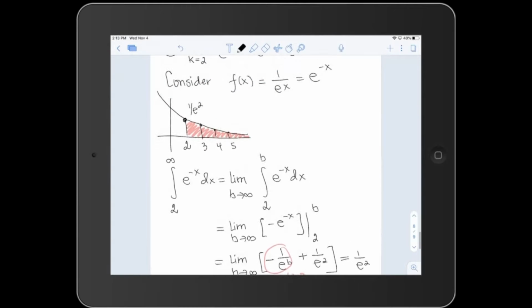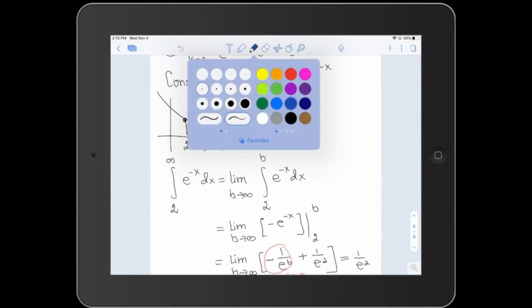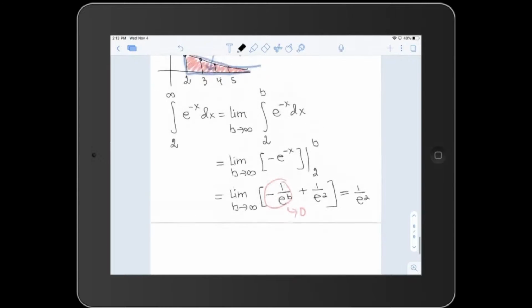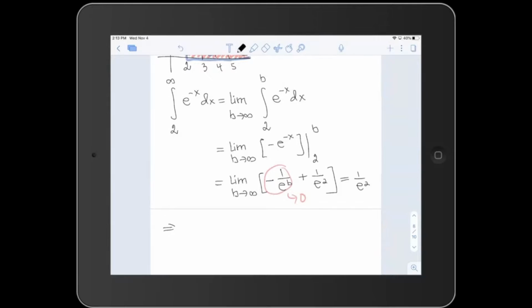That is the value of this area under the curve, this 1 over e squared, that whole thing. That means the summation of 1 over e to the k, where k starts at 2 and goes to infinity, is also finite.